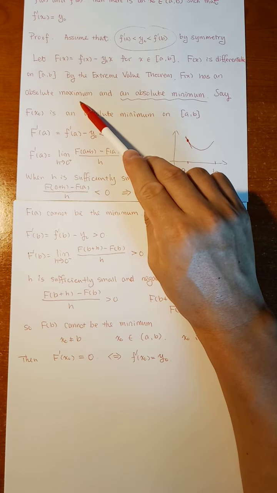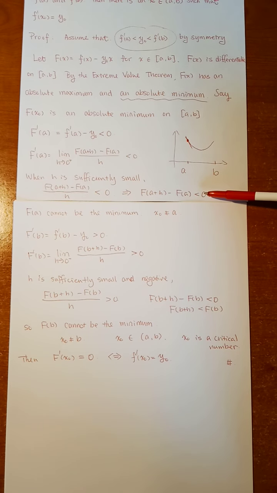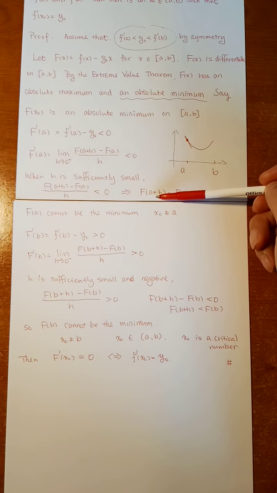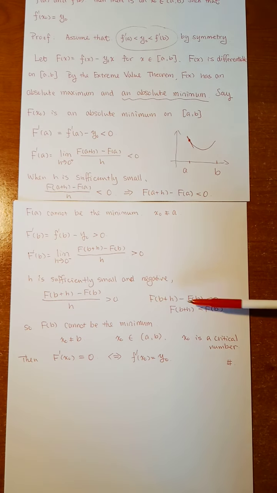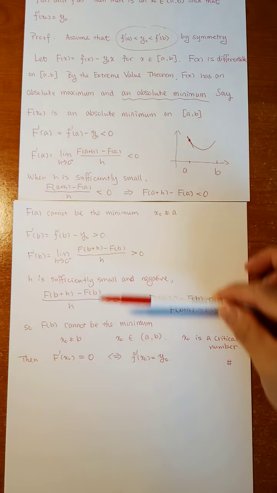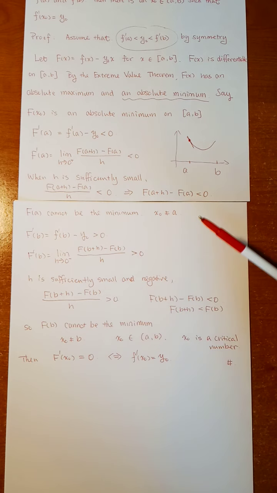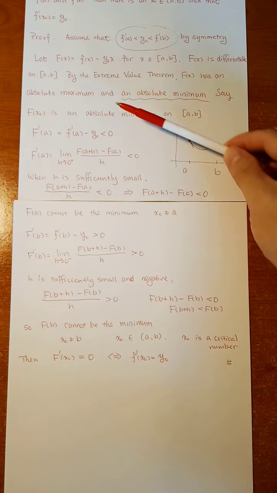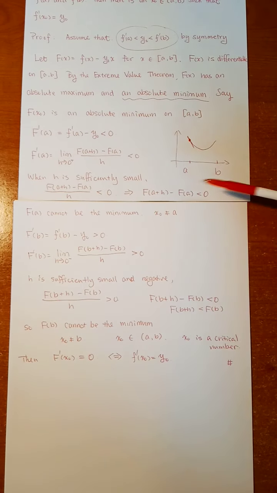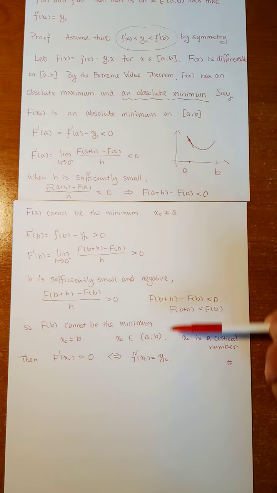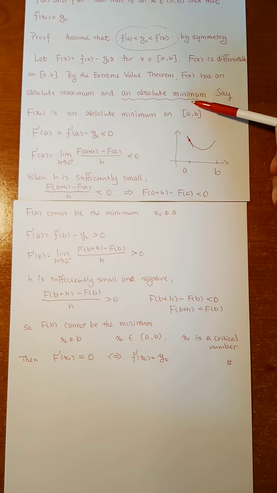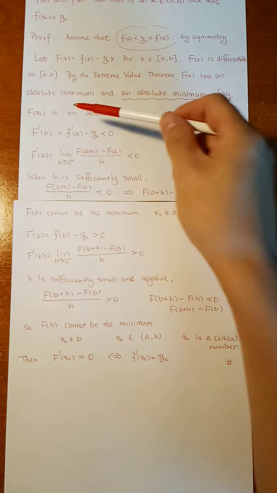The whole thing will not change, but you will get f of a is greater than f of a plus h, and f of b is greater than f of b plus h, and you don't have a contradiction. So these two parts do not change. Then these two conditions will not contradict the maximum value. They will only contradict the minimum value. That's why here we can only select the absolute min, not the absolute max.